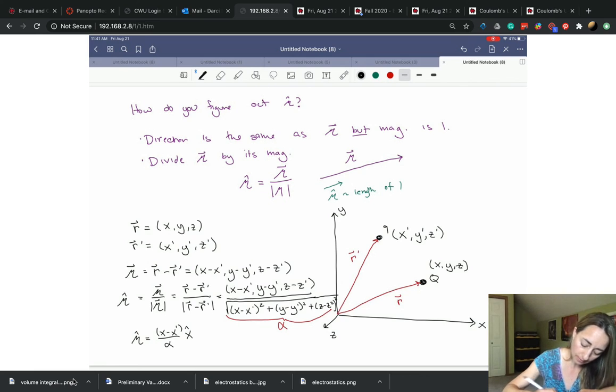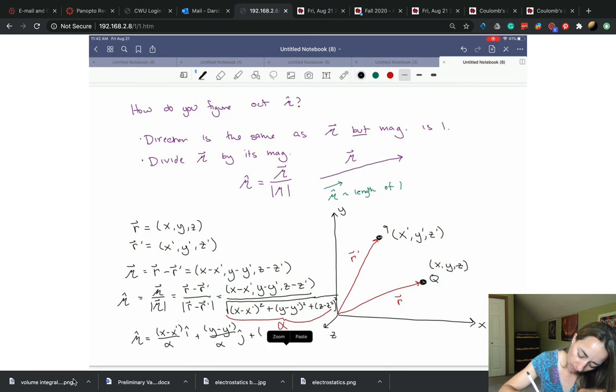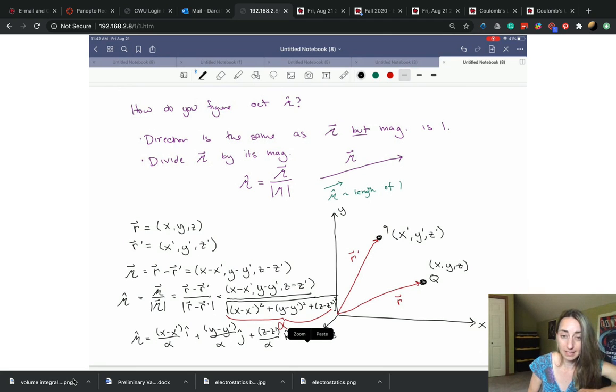If you remember, the standard notation for that unit vector is i hat, and the y component would be the vector's length in the y direction, or the j hat direction. And if we have a three-dimensional problem, sorry, I'm running out of space here, the z component over alpha times k hat is our unit vector that points in the direction of the z-axis.